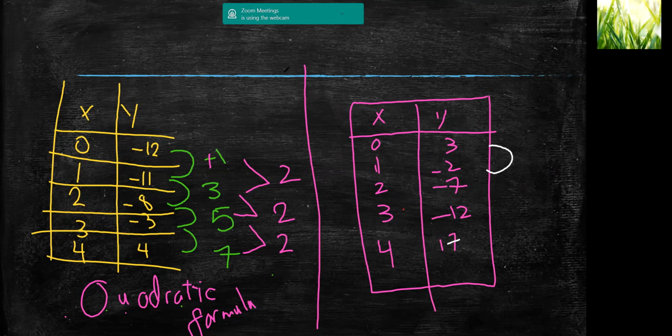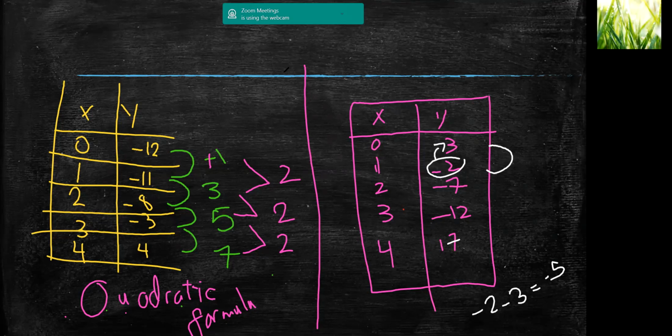Negative 2 minus 3, which is negative 5.